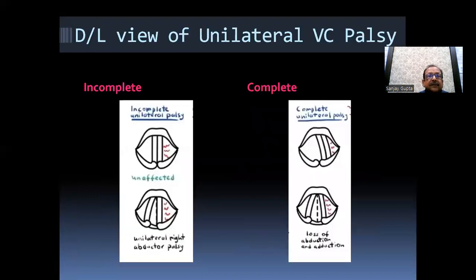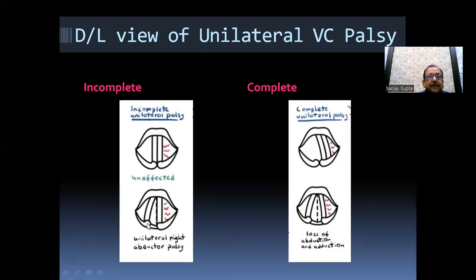Now this is the direct laryngoscopy view of unilateral vocal cord palsy. You can appreciate this is an incomplete paralysis. The right cord is not moving. The right cord is paralyzed. You can see the broken lines here. During inspiration, there is no abduction of the right cord.